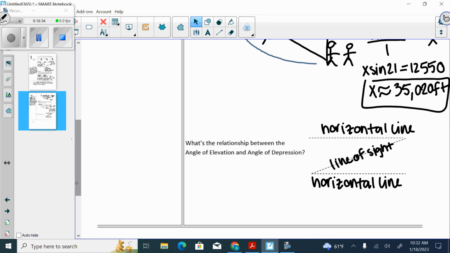And then your angles are between those, right? So this angle right here would be my angle of what? Depression, right? And then this one down here would be our angle of elevation.